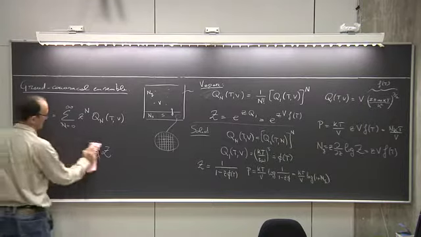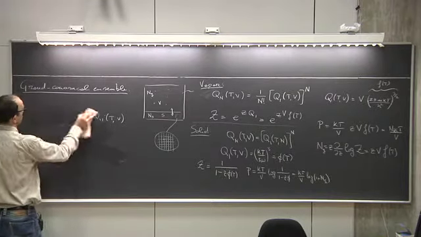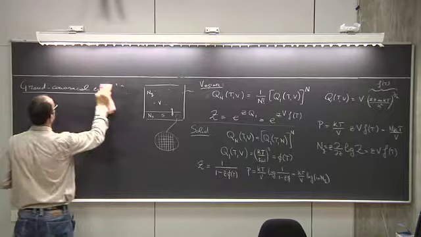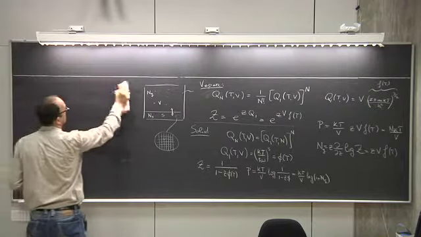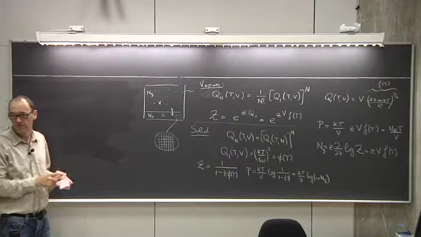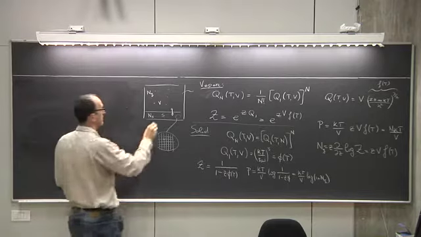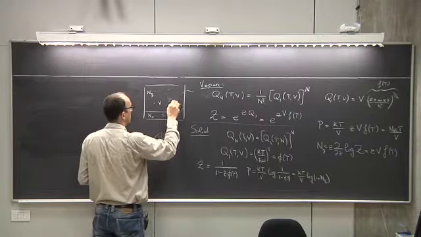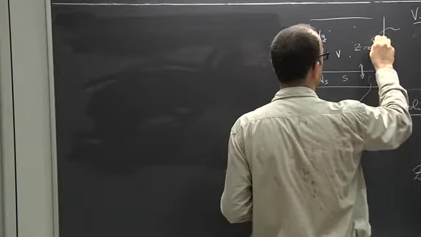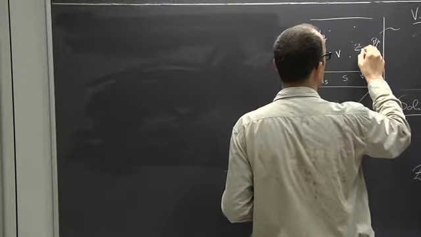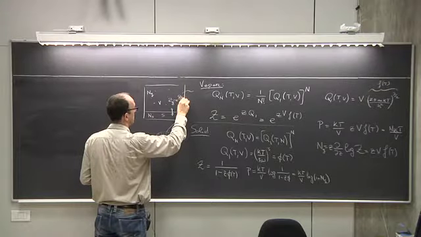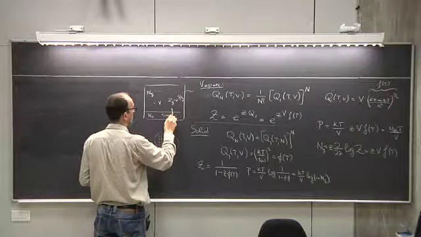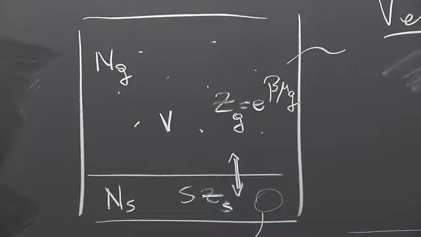Right? So this means that the fugacity must be equal. The fugacity, which is e to the βμ in the gas, must be equal to the fugacity in the solid. Okay?